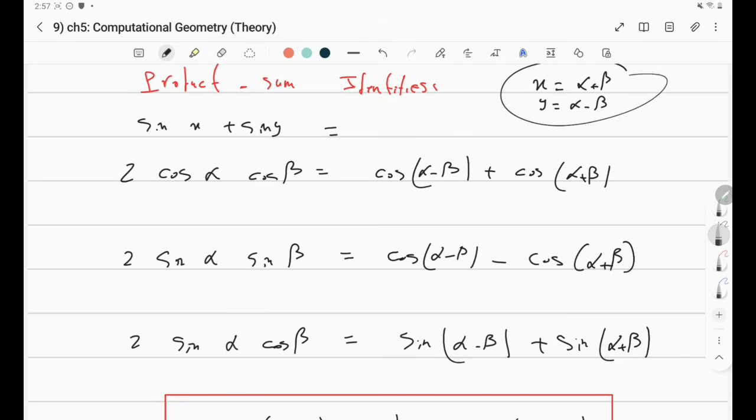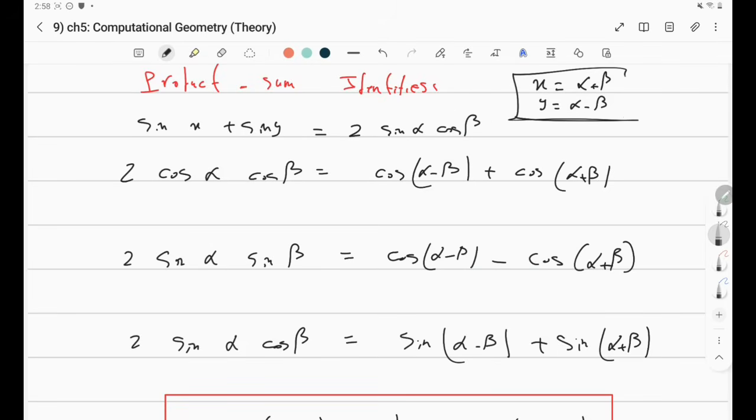And now you know how to expand this, right? So sine of alpha plus beta is what? Sine alpha cosine beta plus cosine alpha sine beta. And the same thing for sine y: alpha minus beta. So one of them will cancel, and it's just going to be 2 sine alpha cosine beta. But now, of course, what were alpha and beta?